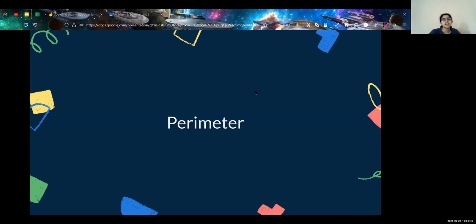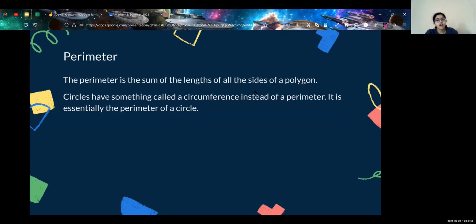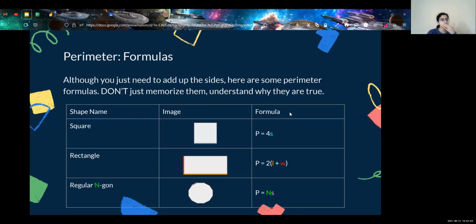Okay, perimeter. The perimeter is the sum of all side lengths of a polygon, and circles have something else called circumference, which is basically the perimeter. The perimeter of a square is 4 multiplied by the side length, because all side lengths are equal. The perimeter of a rectangle is the length plus the width times 2, because there are 2 lengths and 2 widths.